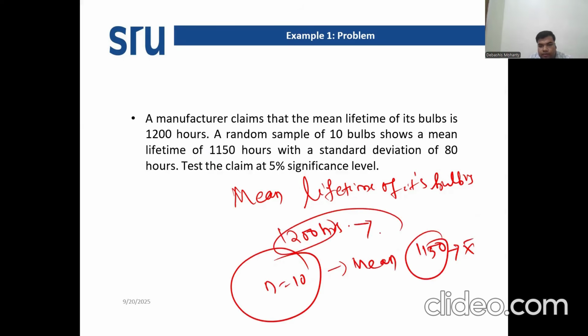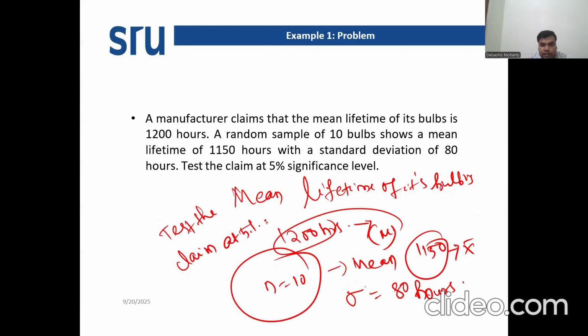The mu value is 1200, and the standard deviation is 80 hours. We have to test the claim at 5% significance level.